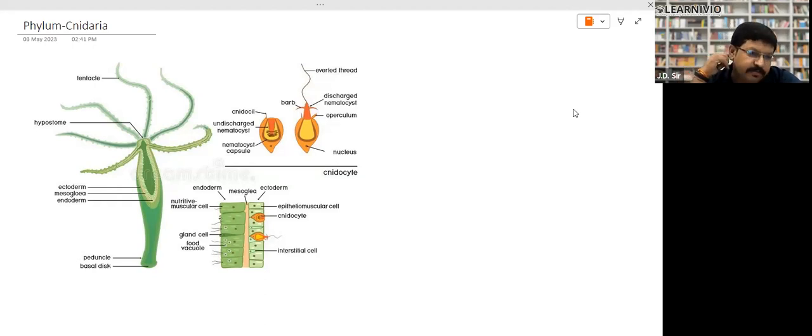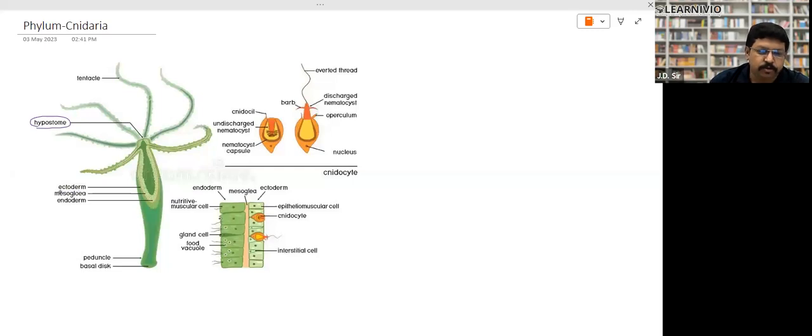And yes, these cnidarians are also found in fresh water. This is Hydra viridis. It is a freshwater organism, right? So it looks like a plant, but this is an animal. It has some tentacles, and the tentacles have these cells, called cnidoblast cells, right? It has a mouth, and the mouth is called the hypostome, right?